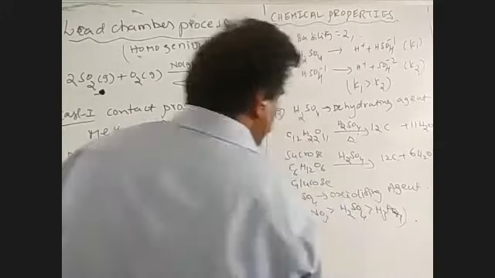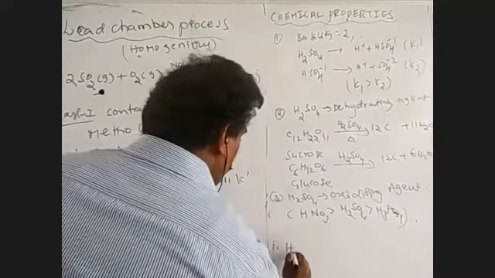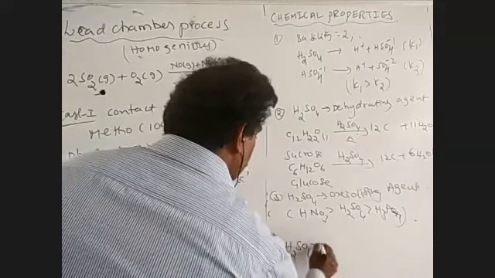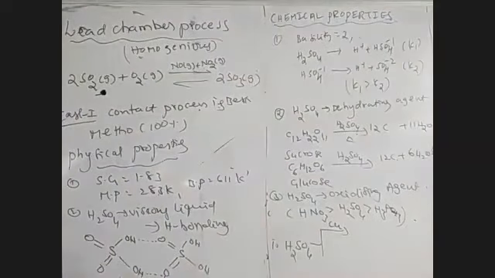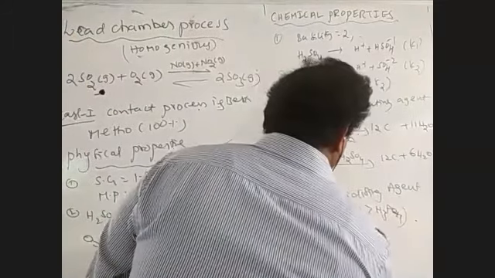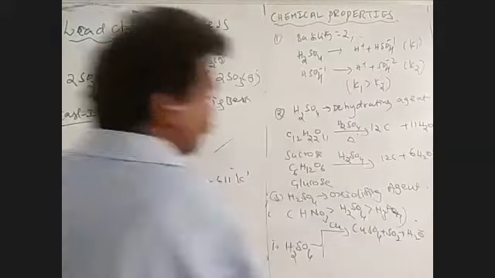The oxidizing property of H2SO4 is weaker than HNO3 but stronger than H3PO4. When H2SO4 reacts with copper metal, copper sulfate CuSO4, SO2 and H2O are produced.